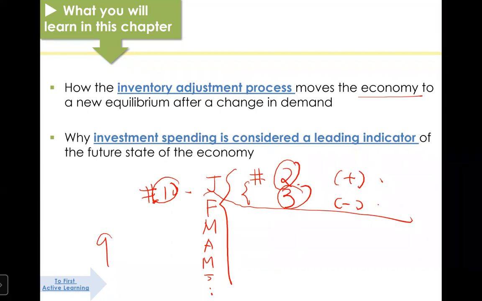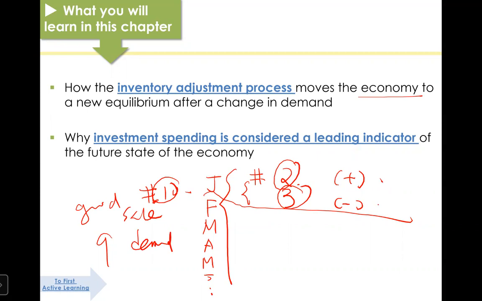But this decline in inventory, what does that mean? That means we have good sales or bad sales? From this example, currently you have good sales, so the demand is strong.